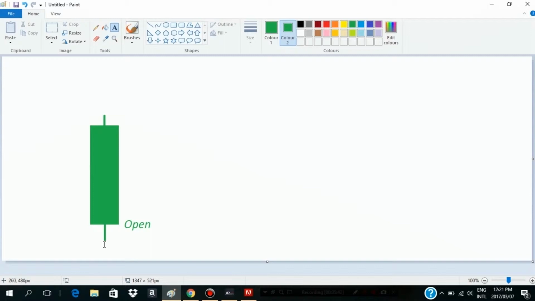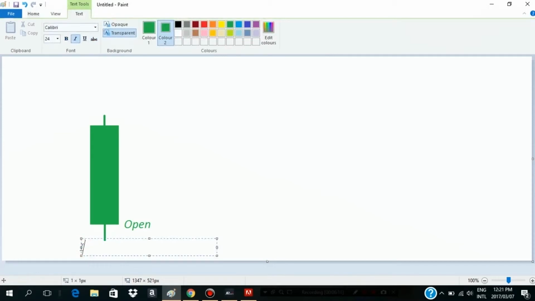What this means is that price reached this point and then turned around to go in the opposite direction. All this point is telling you is that I went down to that price. This is called a shadow. It leaves a shadow behind whenever it goes down to a certain price, and we call this the lowest low.